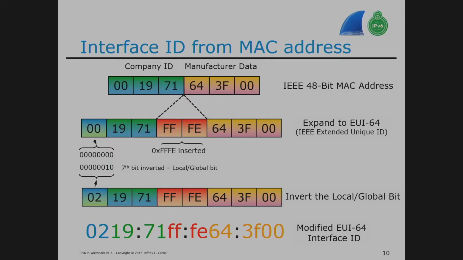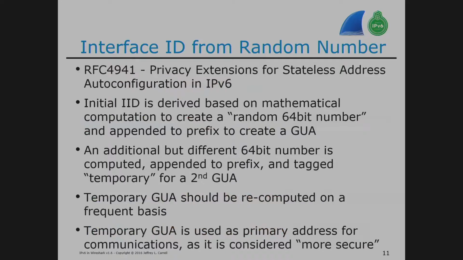The other option is that an interface ID can be generated using a random number generator process to generate a 64-bit number. Microsoft spearheaded this, it became a standard, so the operating systems, when they need to self-generate an interface ID, can use either one of these options, the random number generator or the modified EUI-64. Most client and server operating systems now, in 2016 plus, are using this.